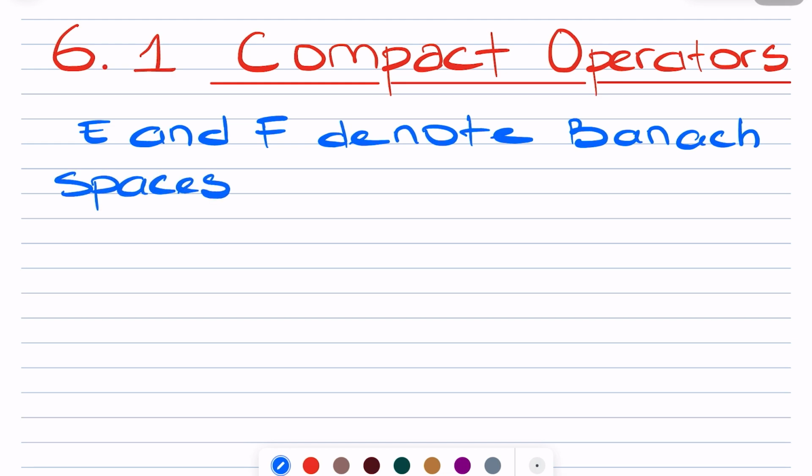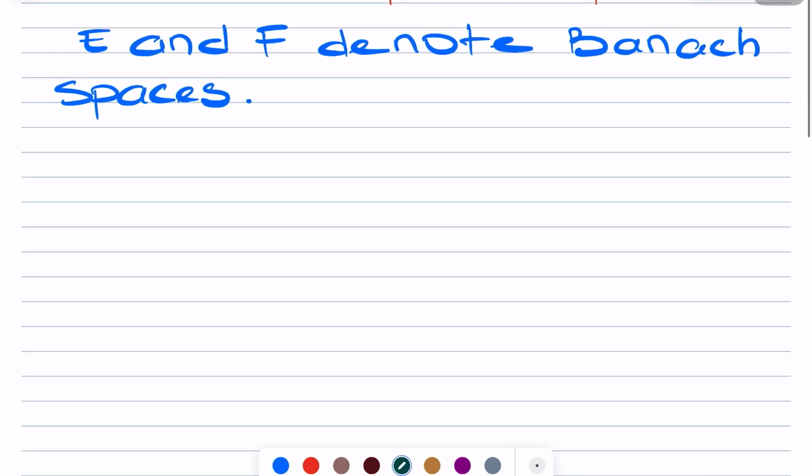Okay, so we start with the definition of a compact operator. Definition.